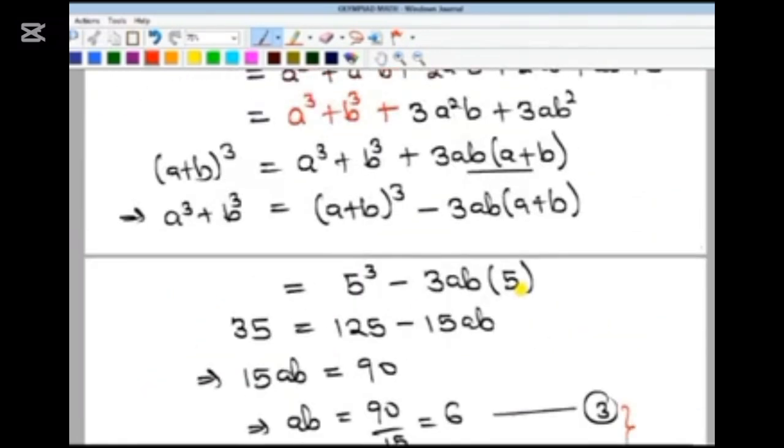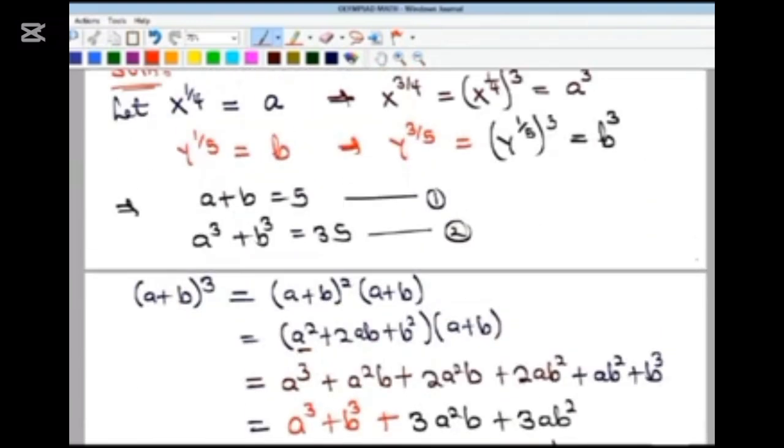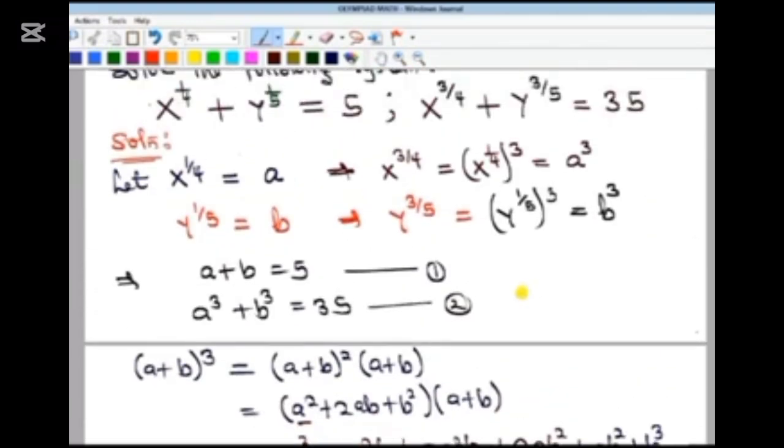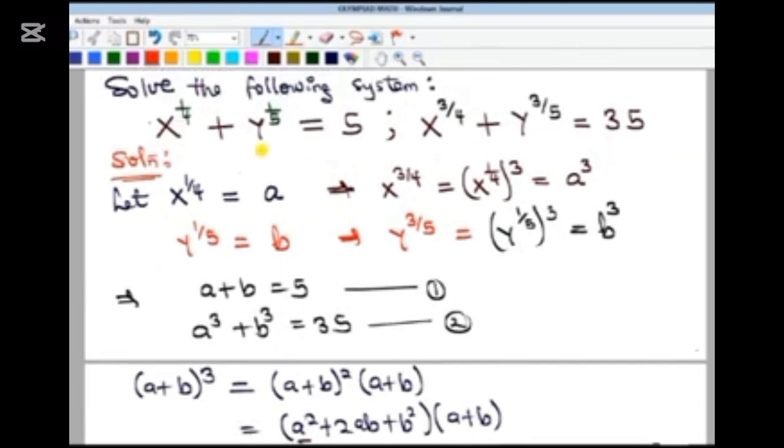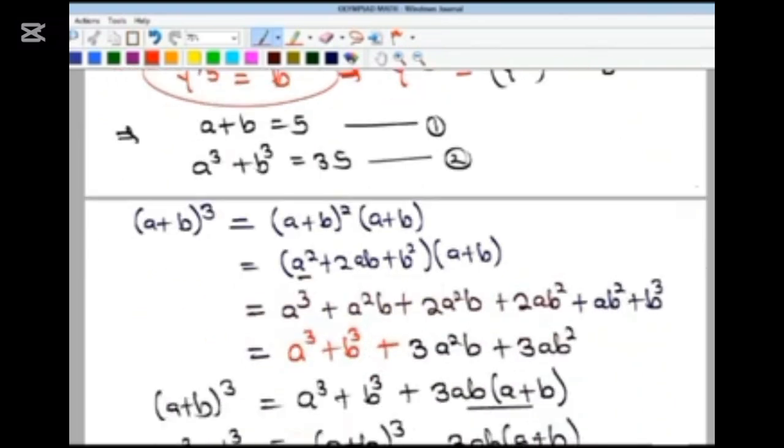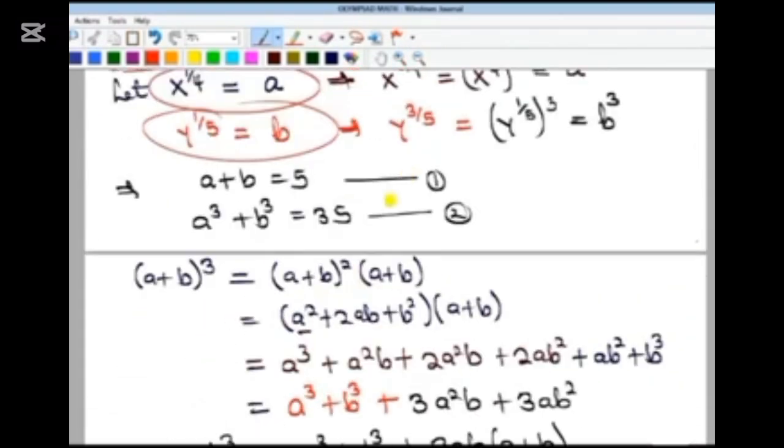We are actually asked to find x and y, because they said we should solve this system, and to solve this system you would need to get the values of x and y. But we have a relationship between a and x, and also between b and y. With that relationship, we should be able to get the values of x and y. Let's attempt doing that here.